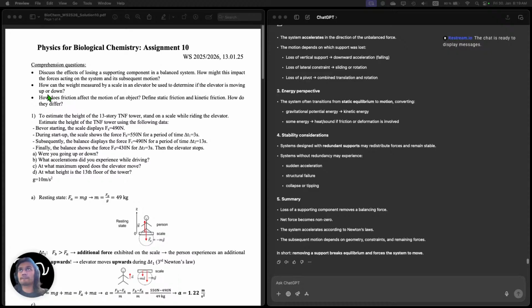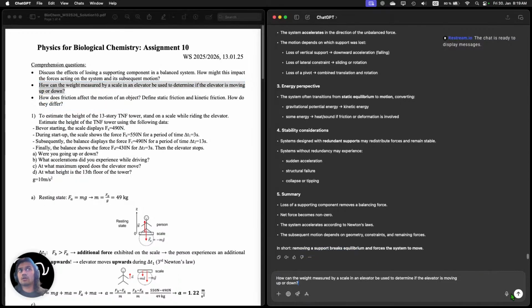Okay. How can the weight measured by a scale in an elevator be used to determine if the elevator is moving up or down?